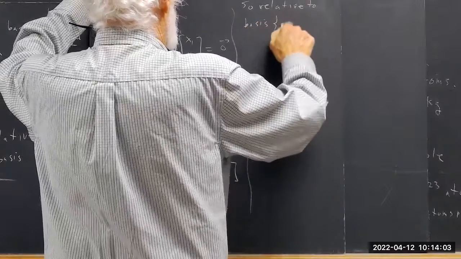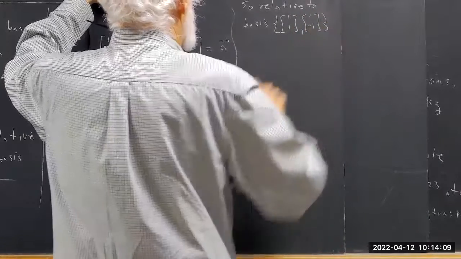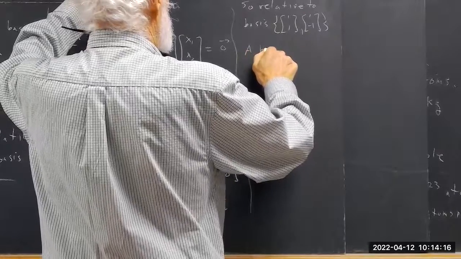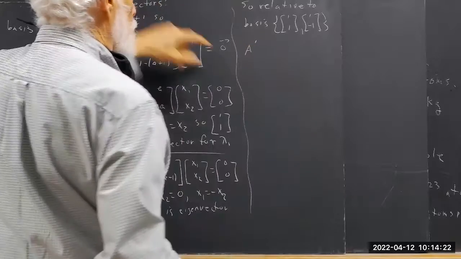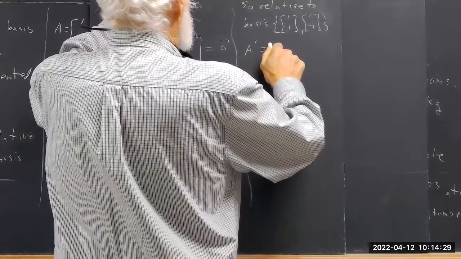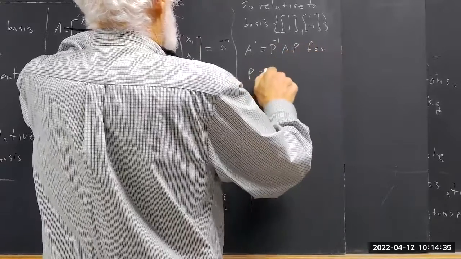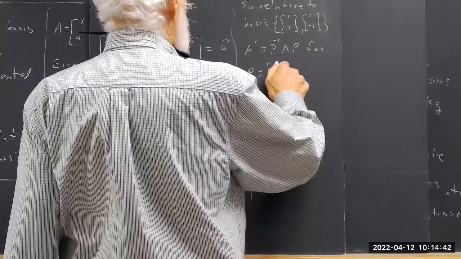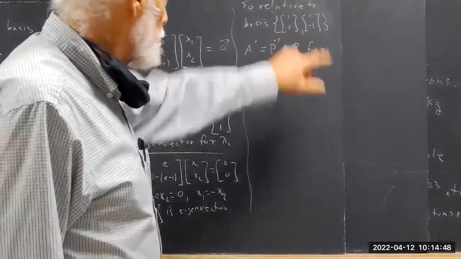Relative to the basis, I won't abbreviate it too much, but we've been using A prime for the new matrix, and that equals P inverse A P, where P is the matrix consisting of the column vectors of this basis.